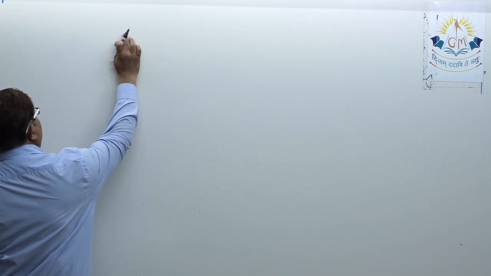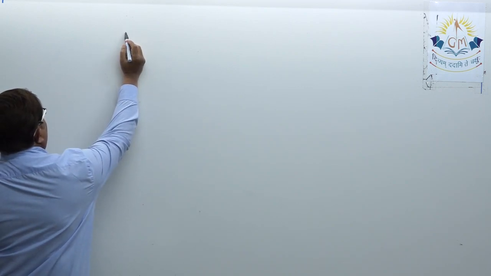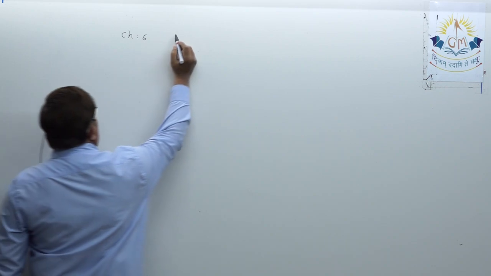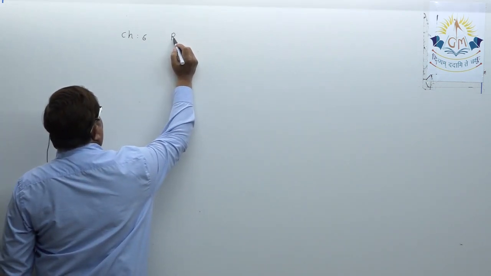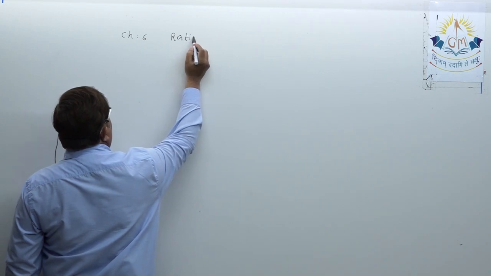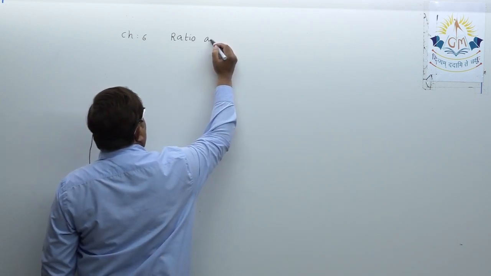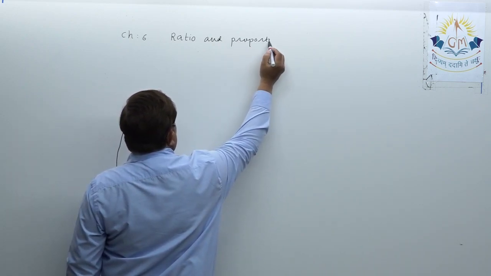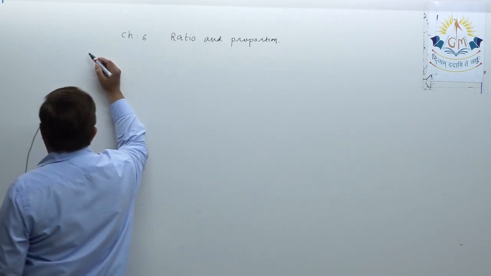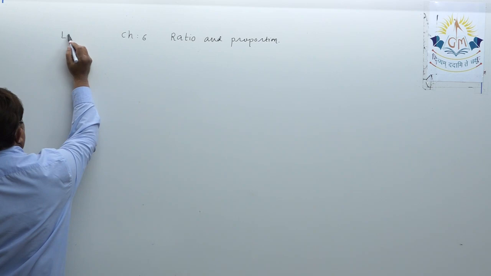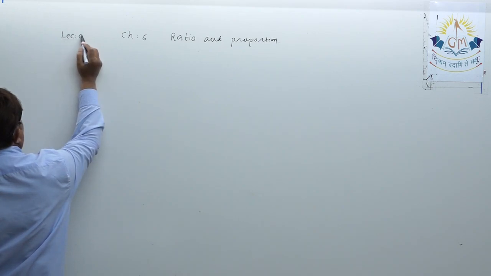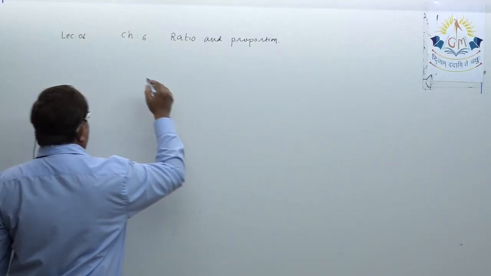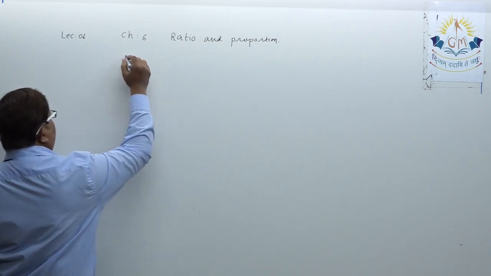In today's lecture, as you all know, we are in chapter number 6, that is ratio and proportion. Okay. Today you are attending lecture number 6 in this particular chapter, and we are targeting today the topic of compound interest.